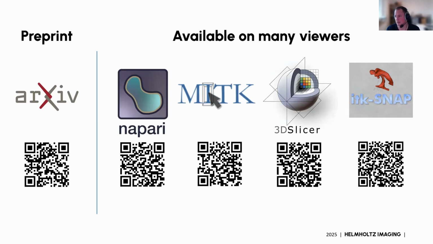So the Napari and MITK versions work locally, whereas the 3D Slicer and ITK Snap variants have a server client setup that would allow you to connect to a remote GPU and then work with that. So they are a little bit more involved when you're setting things up. But if you need the remote GPU, then 3D Slicer or ITK Snap are probably the way to go.